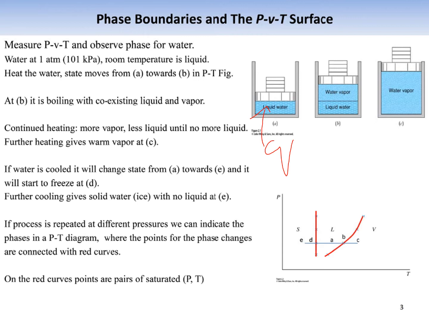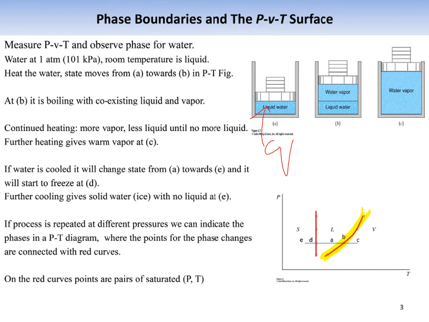Now, if we look into this graph, what is this graph? It shows us this line, this is the saturation line, and what does it tell us?